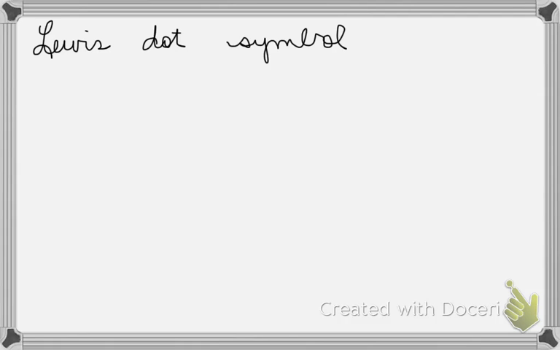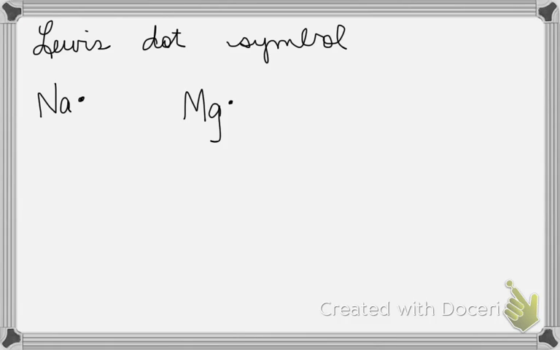What we're going to do with Lewis dot symbols, y'all, is we're going to use dots to represent valence electrons. So if we start with the third period elements, sodium is in the third period. This is sodium's Lewis dot symbol. I only have one dot because sodium only has one valence electron. Magnesium.